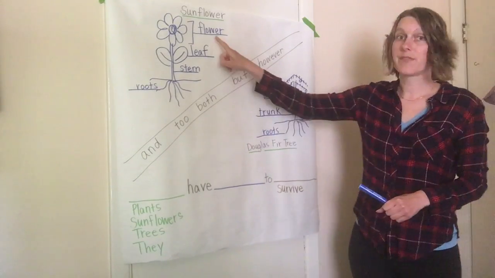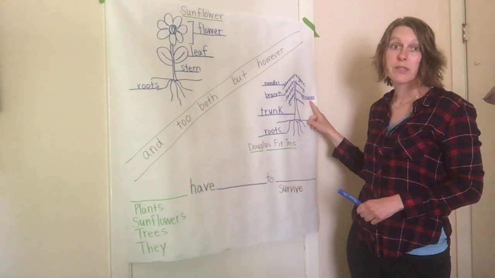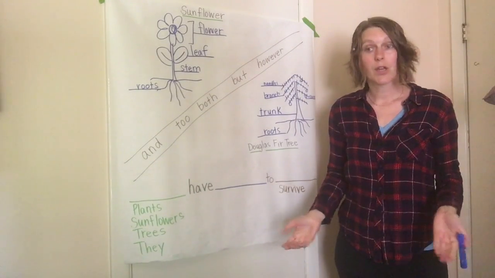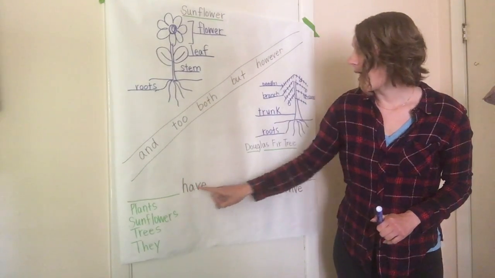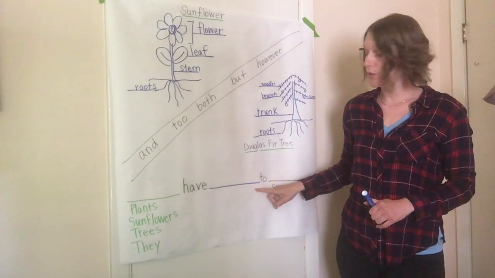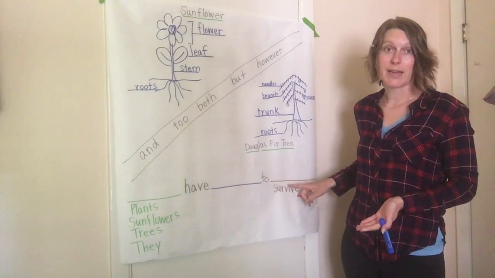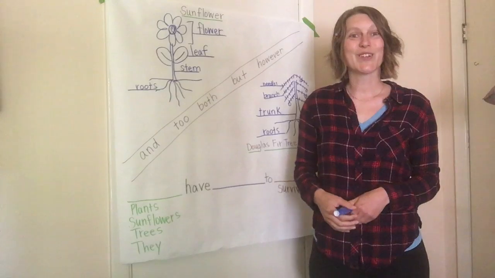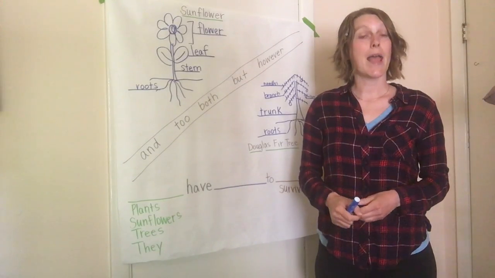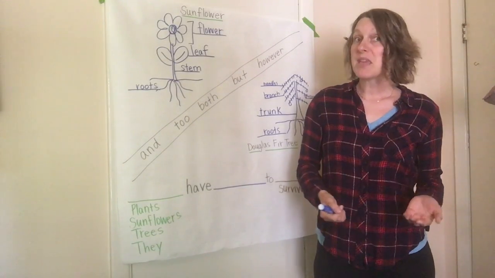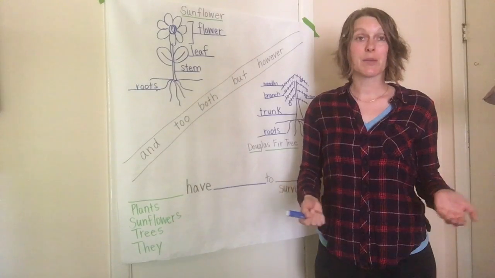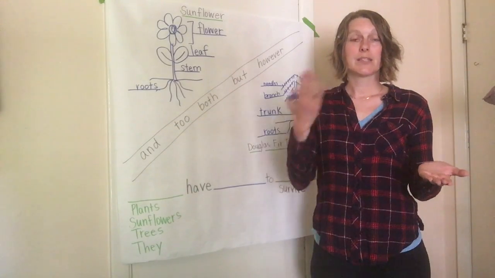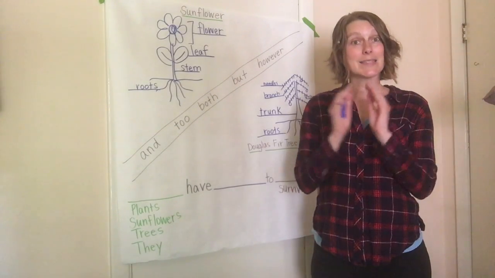The purpose of the flowers and the cones is for pollination. So plants have flowers or cones to be pollinated. And pollination, we'll learn about later, is when an animal, like a bee or another insect or sometimes a bird, jumps from flower to flower to make a seed.